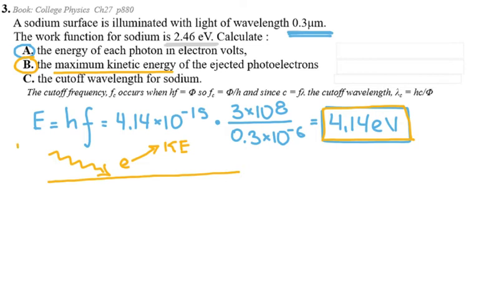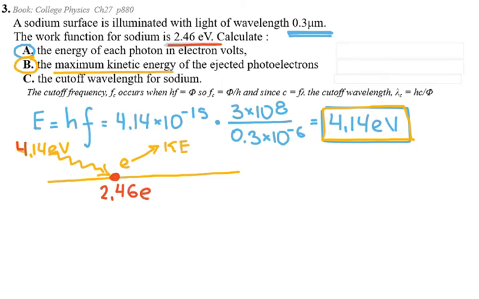The energy that is coming is 414 electron volts. The energy that you need to pull out the electron, they give you, is 246. So you have to spend 246 electron volts just to pull out the electron.